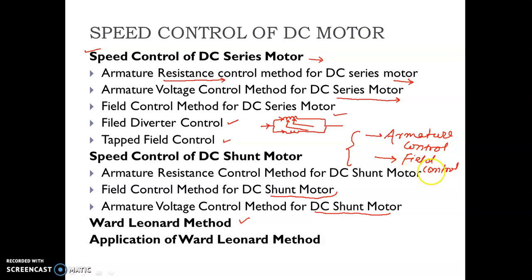Armature control and field control is done, but the method is quite simple and takes less space. If you use the conventional method of speed control, it takes a lot of space, but you will understand the method in your fifth semester, when you study power electronics and its circuitry.